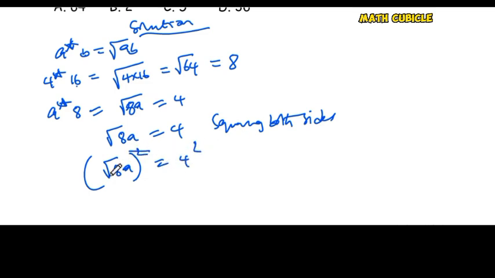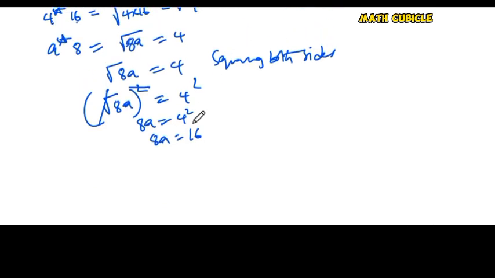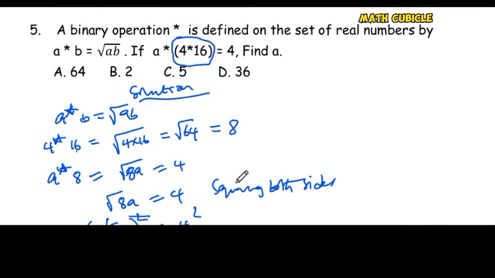Now this square cancels out this root. We are left with 8A is equal to 4 squared. 8A is equal to 16. A is equal to 16 divided by 8. A is equal to 2. This is very simple. Option B is our answer here.